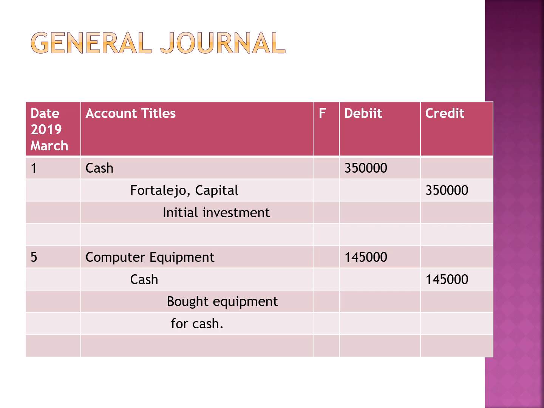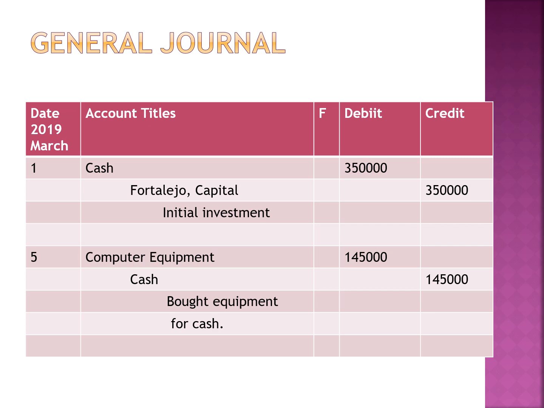For example, the first transaction was an initial investment of the owner. So we can write the explanation as initial investment. And then the amount debited is to be placed on the debit column and the amount of credit is to be placed on the credit column. Then before writing the second journal entry, you have to leave one space blank.